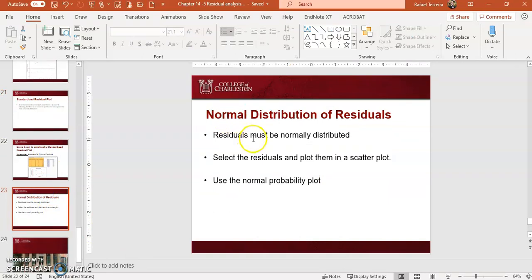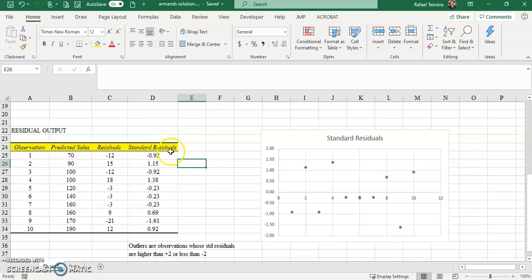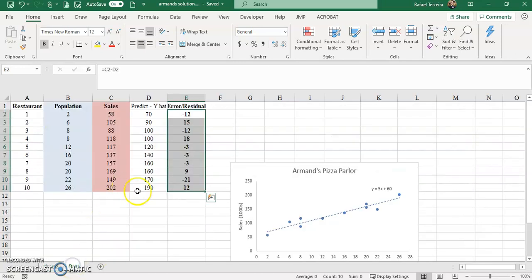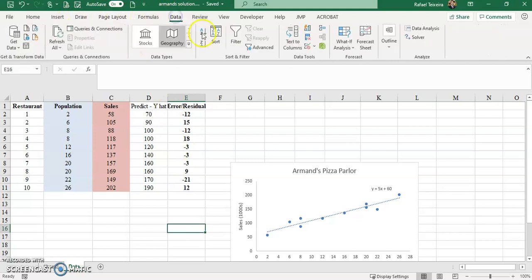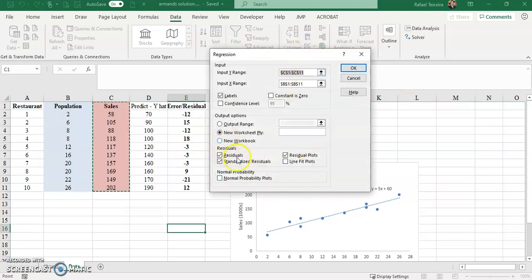And also we can plot this here, and this would be a good indication of normal distribution. But also we could get the normal probability plot, which is here. I don't have to go over everything because everything is set up in the same way.